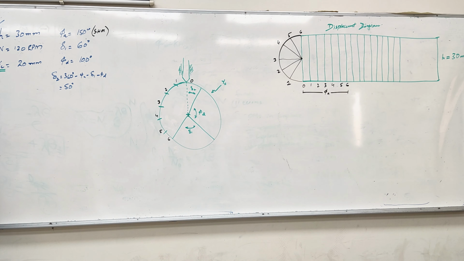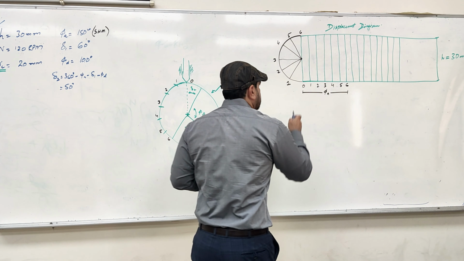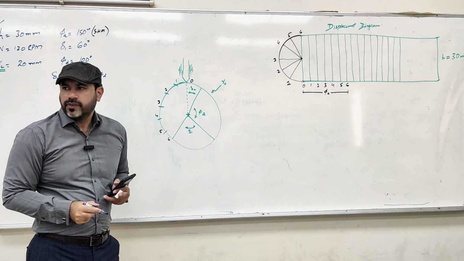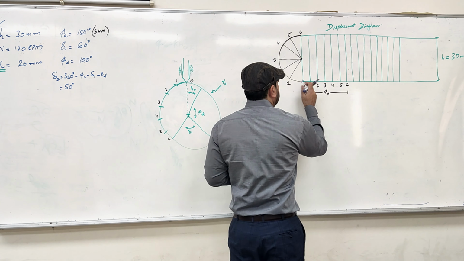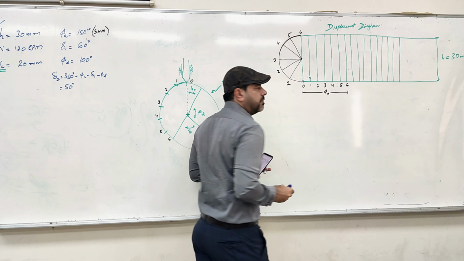Then we need to take a reference for each point. So 0 with 0, this is our first point. Okay. 1 with 1, so all you need to do is take the reference over here. So this is our second point.